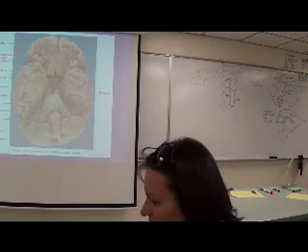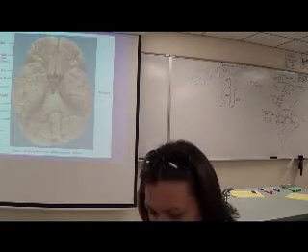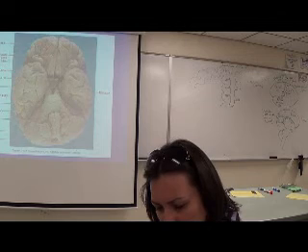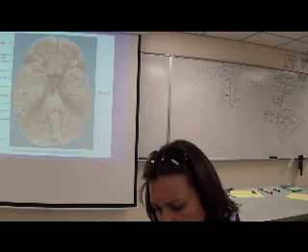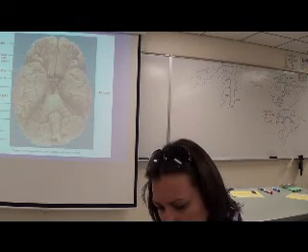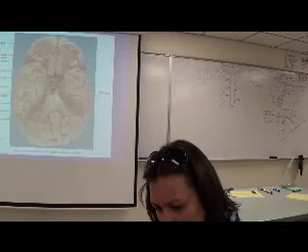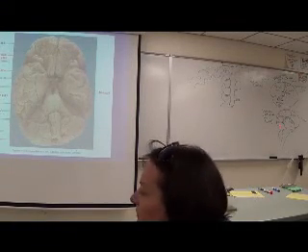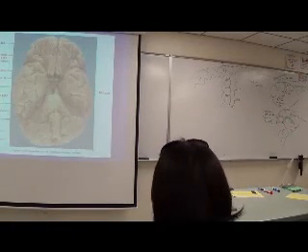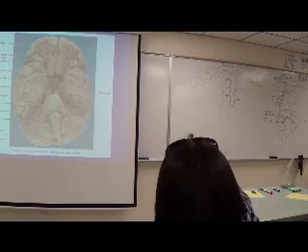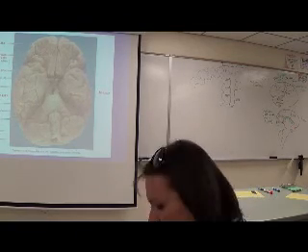C-I-N-G-U-L-A-T-E. Remember that pattern of C shape that I talked about with the lateral ventricles? We're going to see that over and over. We see it with the cingulate gyrus, has that C-shaped pattern. The anterior cerebral artery that lies in the cingulate gyrus travels over it in that C-shaped pattern as well.